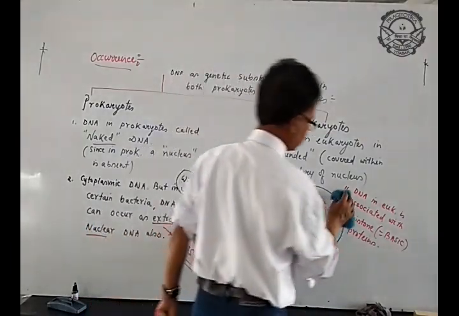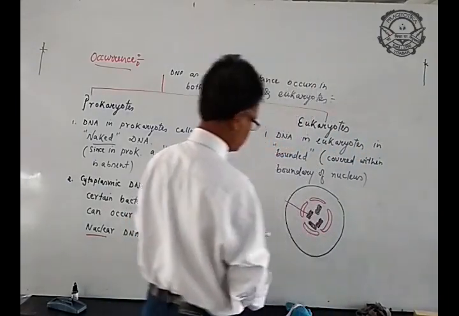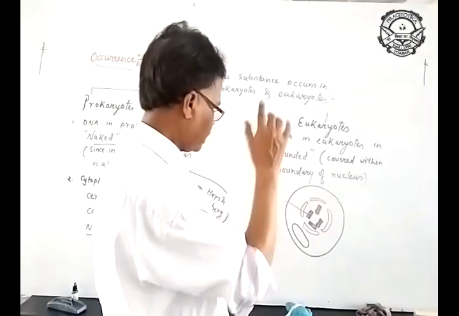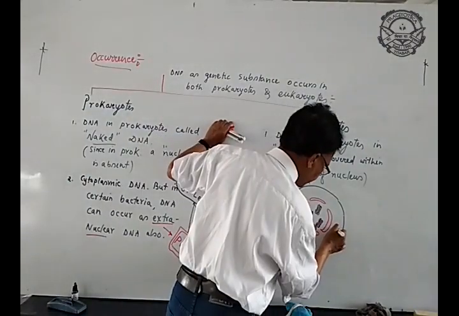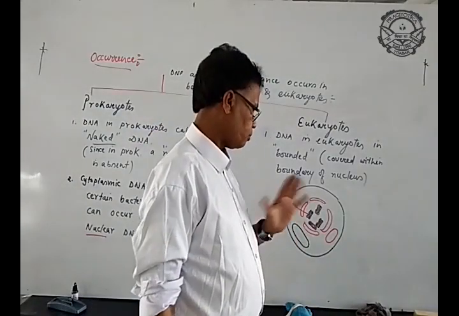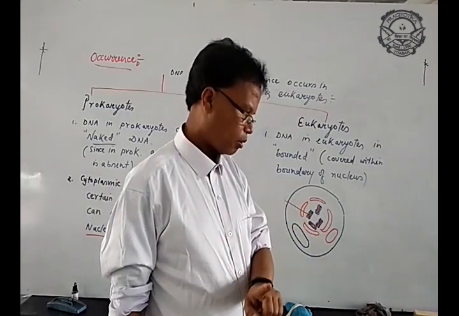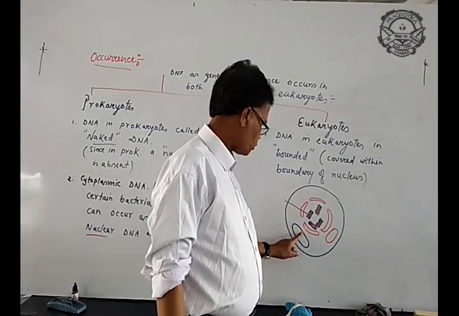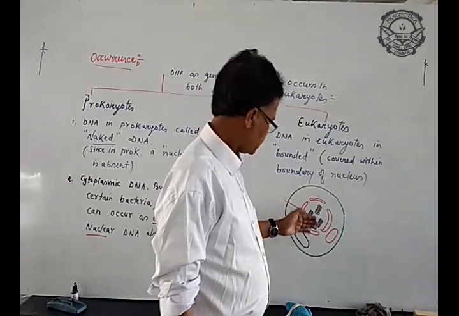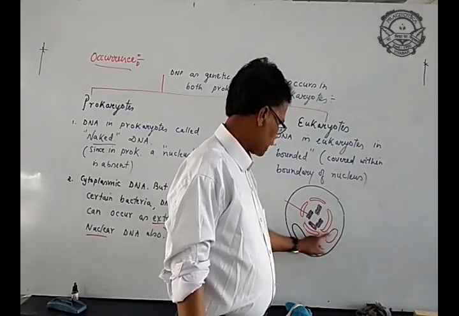Similarly, in eukaryotes, DNA is found in the nucleus, and also inside mitochondria, or in case of plant cells, mitochondria as well as plastids. Animal cells have mitochondria; plant cells have mitochondria and plastids. The DNA present in the cytoplasmic mitochondria and plastids is called cytoplasmic DNA.